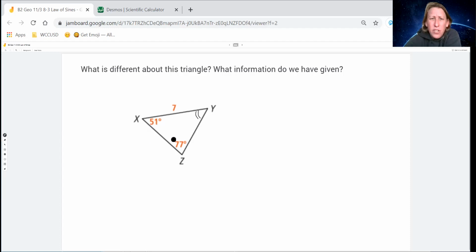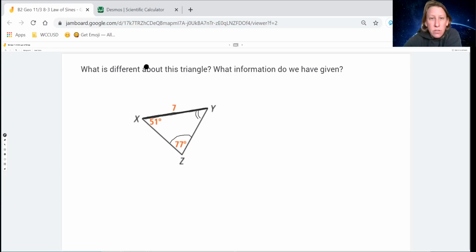We have two angles and a side given. The law of sines lets us find these other two sides. We have an angle and we know its opposite side length. If you are looking at a triangle and trying to find missing sides and missing angles, if it's a right triangle, you're happy.